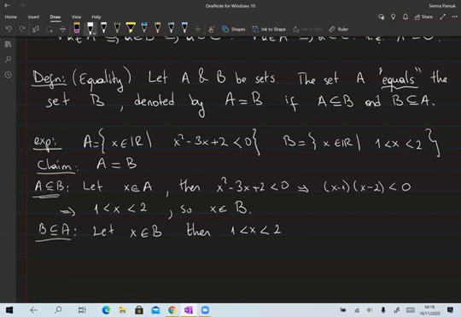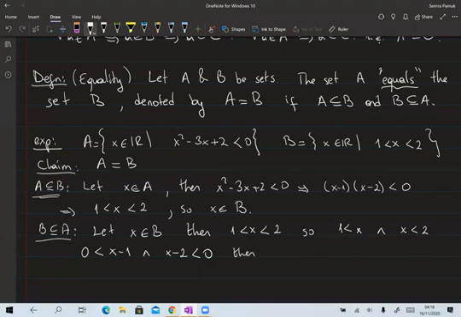So x minus 1 is greater than 0, but x minus 2 is less than 0.